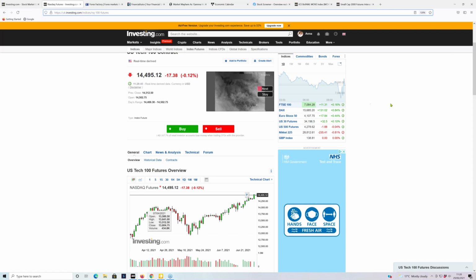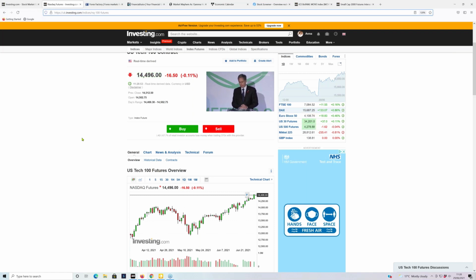Now, what's interesting on the European side is the DAX is going gangbusters, and even the FTSE has been moving higher, and it's partly to do with the fundamental news that's coming out of places like Europe and the UK as well. The traders and investors are always looking ahead.